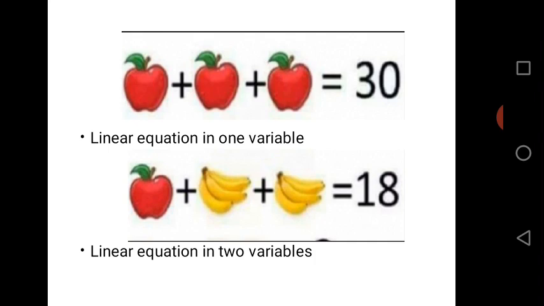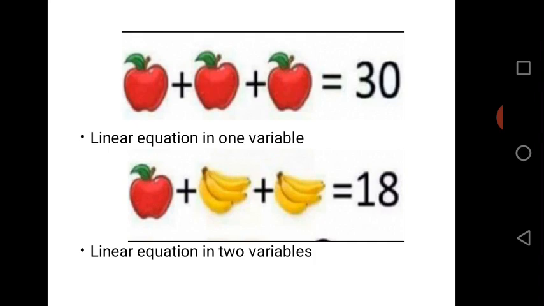Students, here I have taken two pictures. In the first one you can see that for some value, the sum of 3 apples is equal to 30. Here I have taken only one fruit, meaning it is in one variable. If you represent the apple by one variable, then you will get a linear equation in one variable.